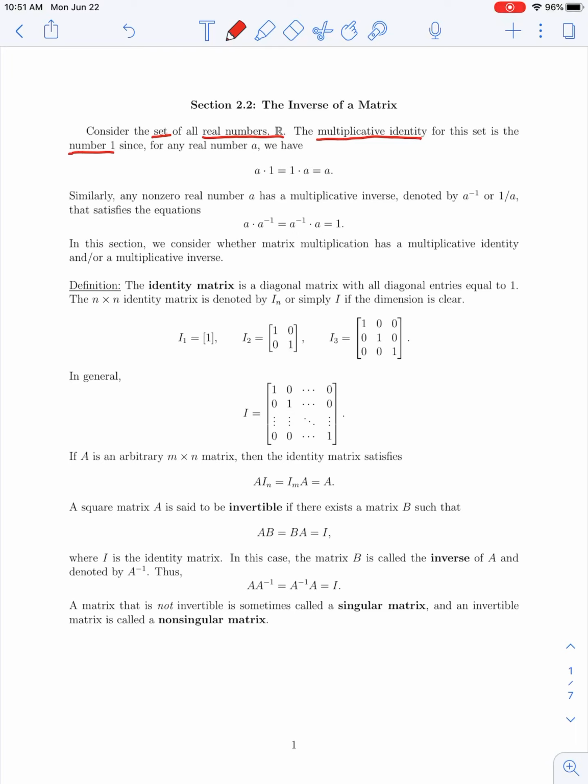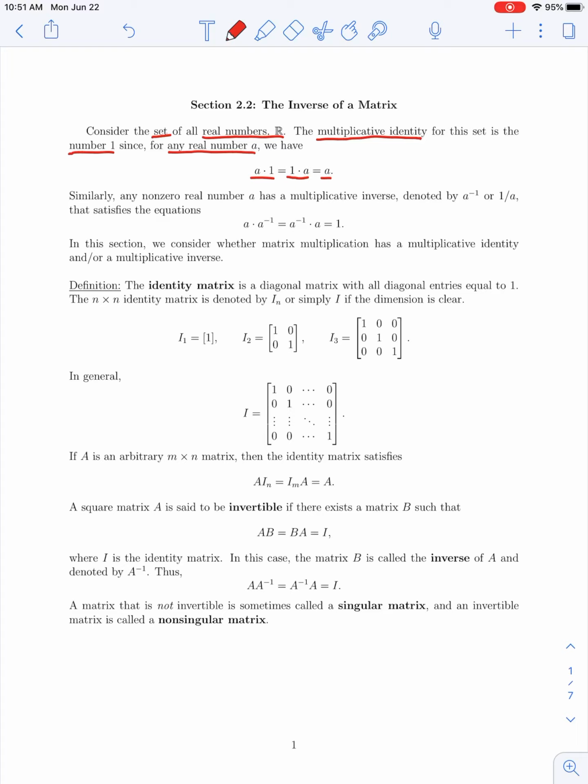Why is this called the multiplicative identity? Well, for any real number A, if we take A times 1, or 1 times A, we get back the value A. So the number 1 is called the multiplicative identity because if we multiply any real number by 1, we get back the same real number.